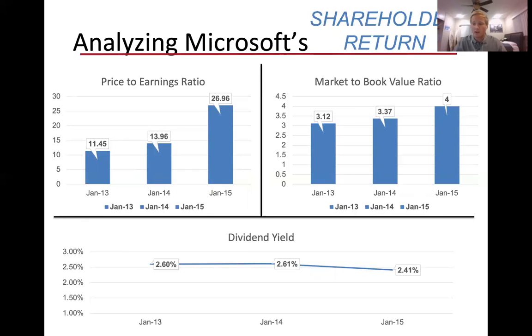On the right, we have the market to book value ratio. Since the market to book value ratio is above 1 in all 3 years analyzed, this means the stock price of the company is trading for less than its worth in assets. This is good for any retail investors looking to buy a value stock at a low price, and it helps us to analyze the company and realize it is not overvalued yet.